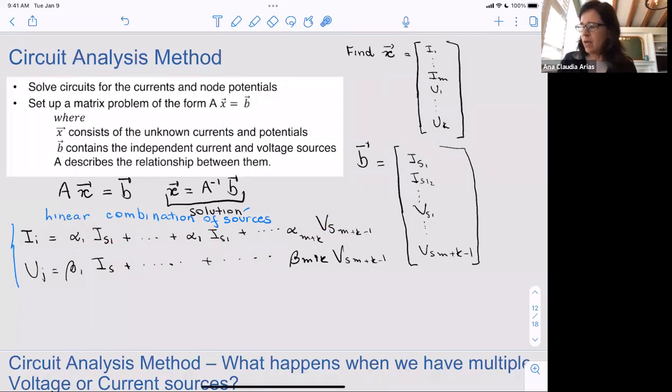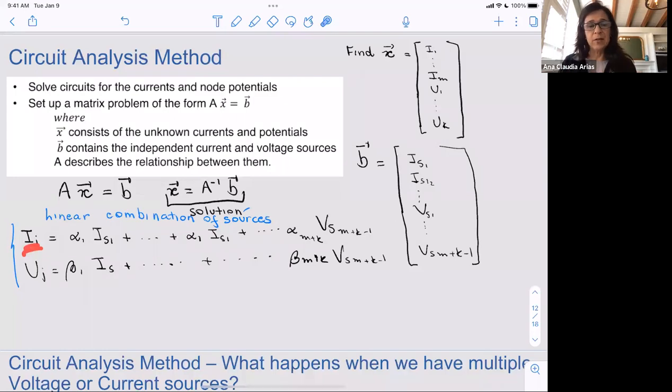Why can I do that? Because they are linear combinations, so I can first calculate this part, and then calculate that part, and then calculate that part, and then at the end, I sum them, they are linear combination, and I get I1.